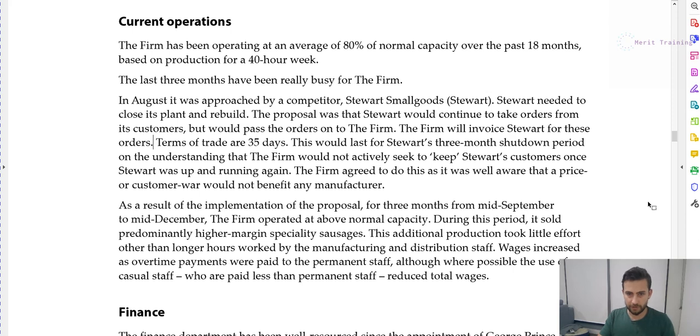Wages increased due to overtime payments, though increased casuals reduced wages as they are cheaper per hour.